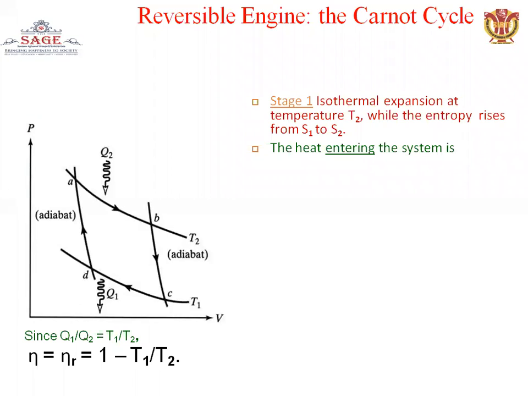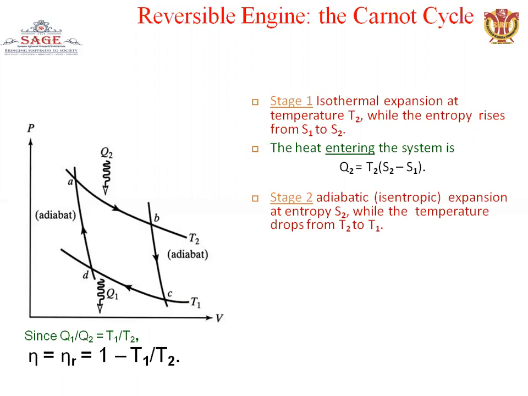This is the heat supply, and the entropy goes on increasing because heat is supplied to the system. After that adiabatic expansion takes place, in which the entropy remains constant and the temperature drops from T2 to T1.